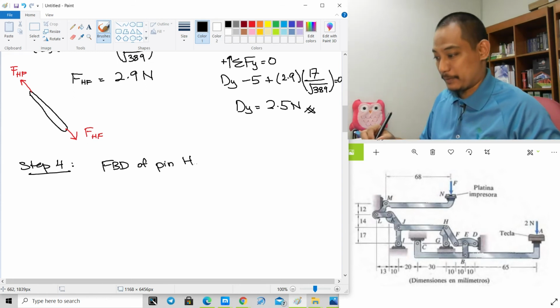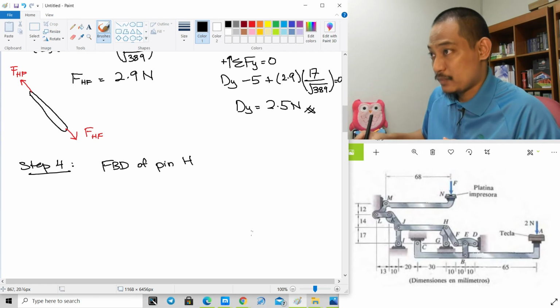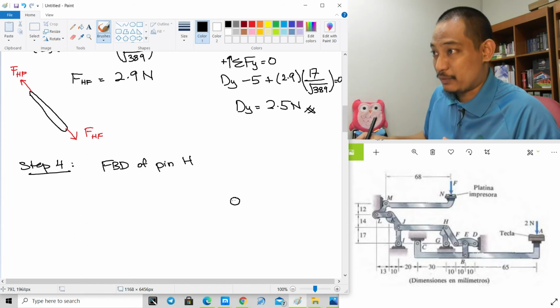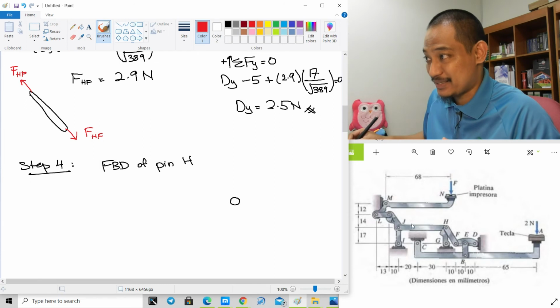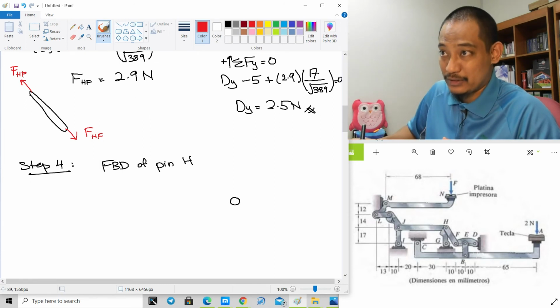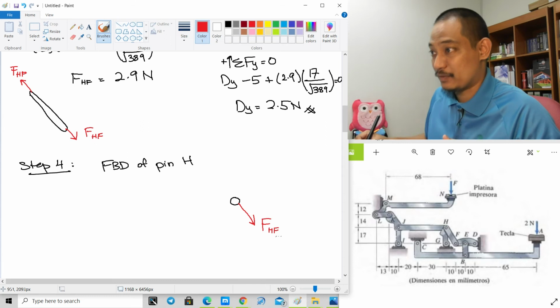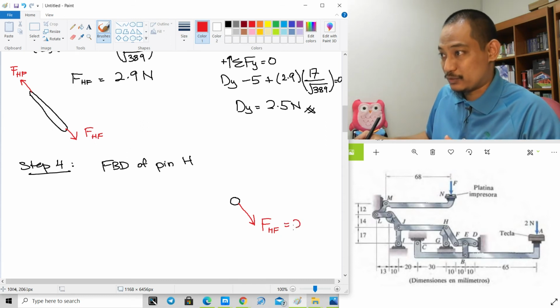So I'll draw that one. It will be something like this. This is pin H, and I will have the three forces. One force is from HF. HF is in this direction, so the corresponding force on the pin will be in this direction. This is FHF, and we already know the value is 2.9 Newton.